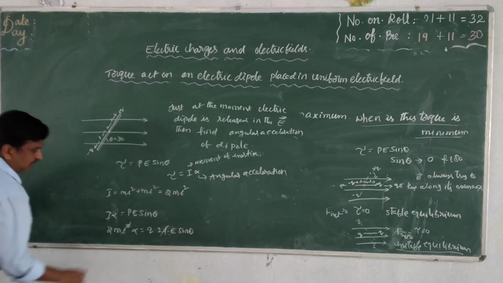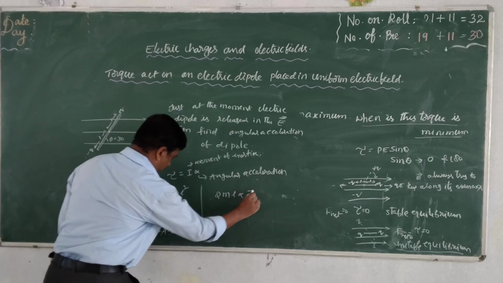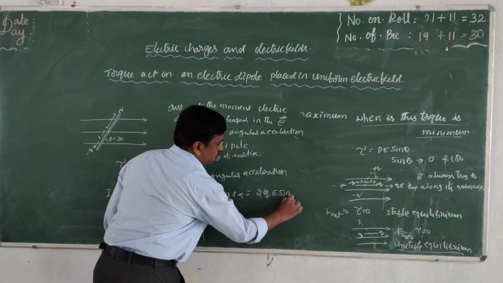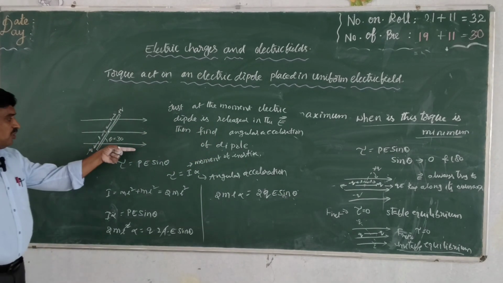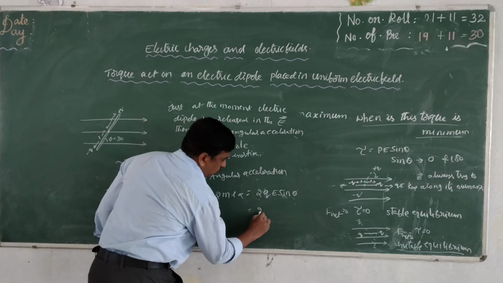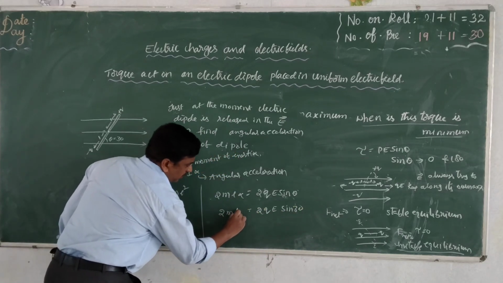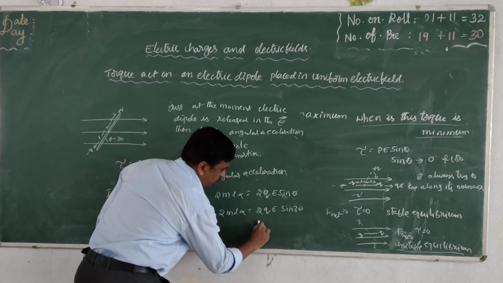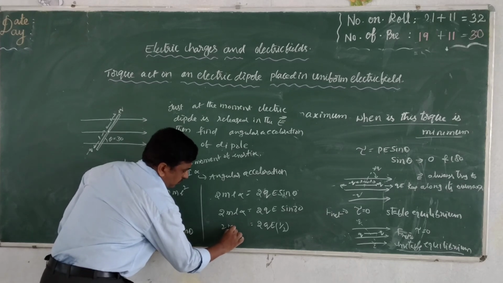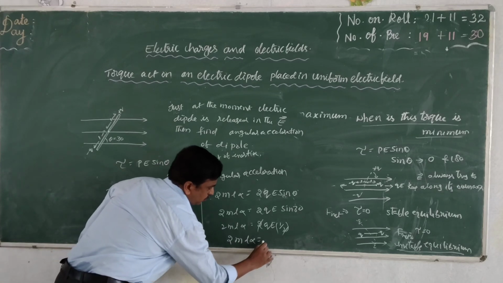See, L cancels. What do we get now? 2ml alpha equal to 2QE sin theta. Theta is the angle between the electric field and the electric dipole moment, and that is 30. So 2ml alpha equals 2QE sin 30. Sin 30 is 1 by 2, so the 2 cancels. What we get now is 2ml alpha equal to QE.